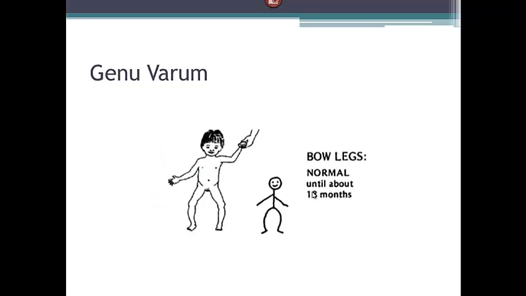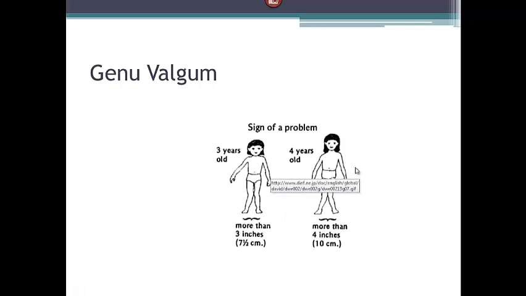This is a picture of genu varum. Even though here says normal until 18 months of age, you could see many other kids with up to 4 years old. Genu valgum, again, could be normal at the age of 3 to 4, but after that is completely pathological.